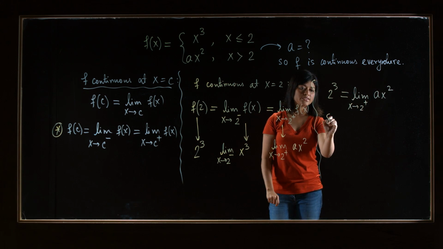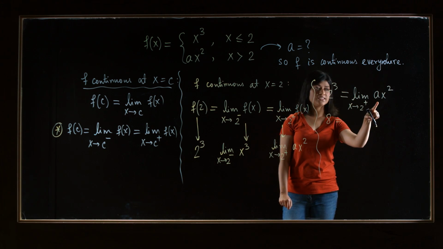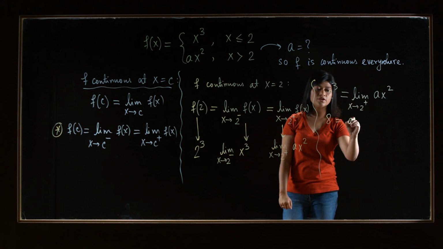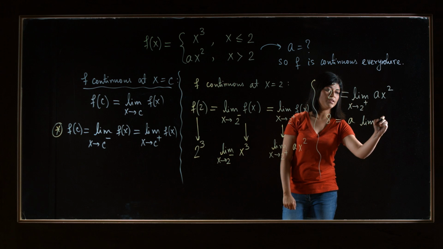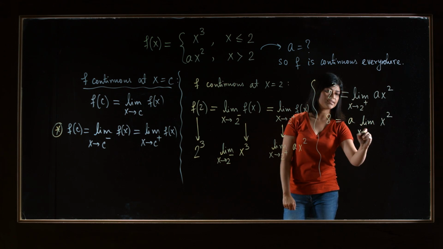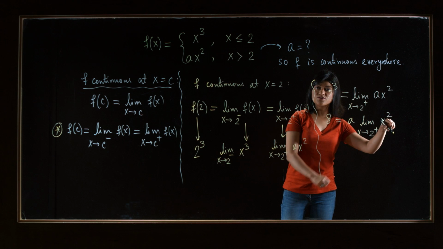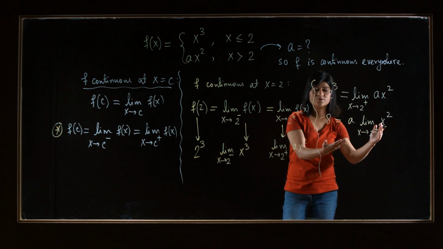So this is 8. And let's see how to calculate this limit. Well, a is a constant. You know the property of limits: you can pull the constant outside the limit. And then you just have to evaluate the limit of x squared as x approaches 2 from the right. Now x squared is a polynomial, so to evaluate the limit, we can just do a direct substitution.